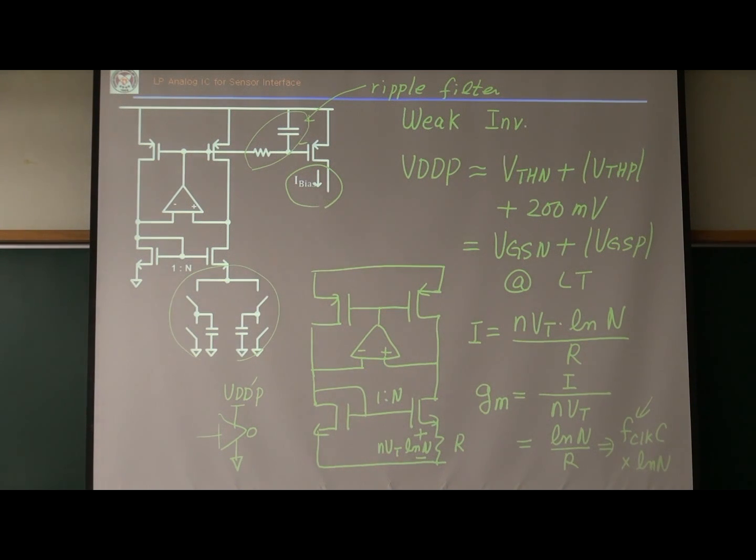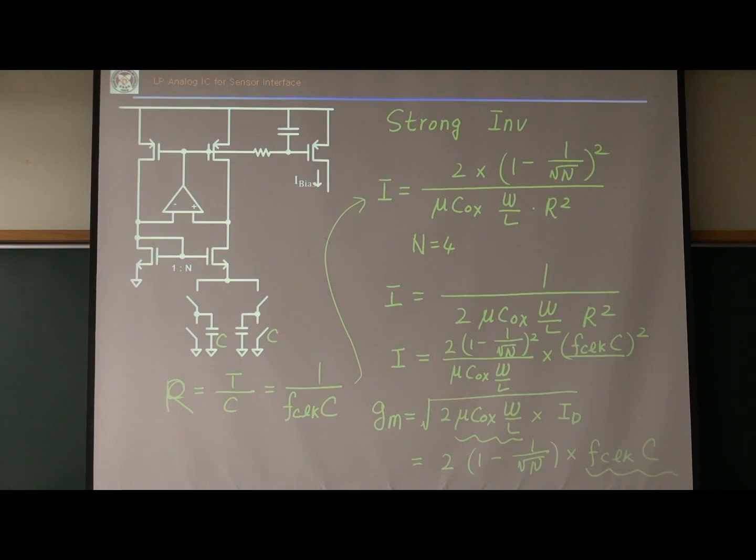So it generates I bias, which is proportional to those currents. Now I can even multiply this by M, then I can even adjust the GM. In the previous case, it will be multiplied by square root M or something like that. Here, this GM should be multiplied by square root M.